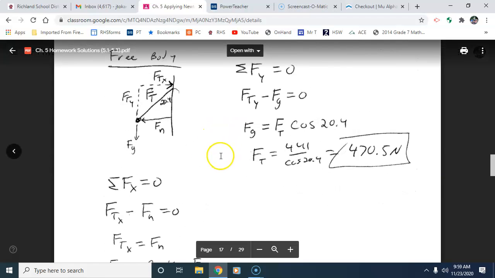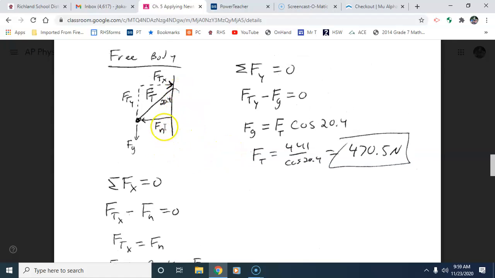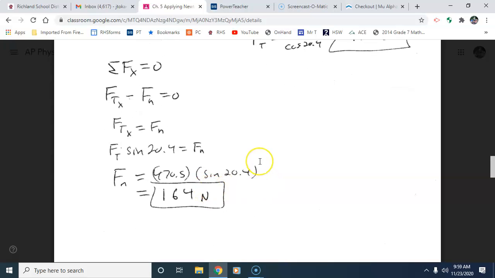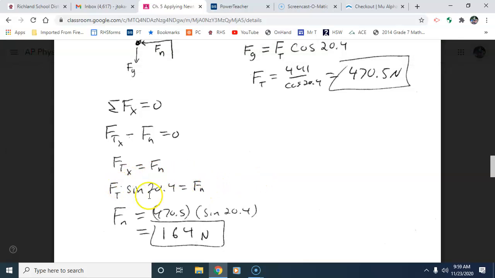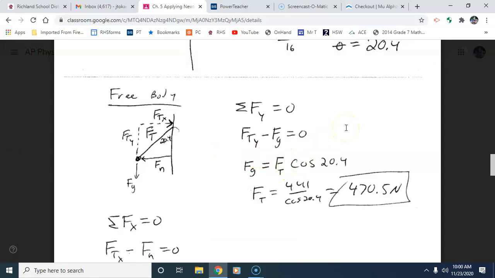And now that we found that angle, we could say that the x component of tension is Ft, the overall tension, times the sine of 20.4, and the normal force, that will give us the normal force. Oh, actually, I'm sorry, I did this a little backwards. We would have to stop here right now, because I don't know tension. But on the y-axis, I can find tension and use that to find normal force, which is what part B is asking.